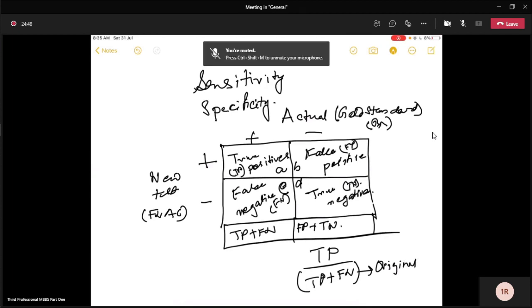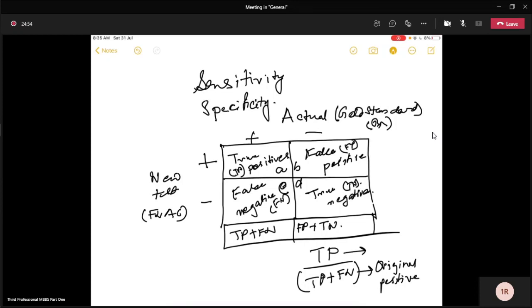গোল সংখ্যাটা তাই এসছে। তার মধ্যে new test has diagnosed TP to be positive, তাই তো? So when you are looking at the number of original positives, you only look at this box.